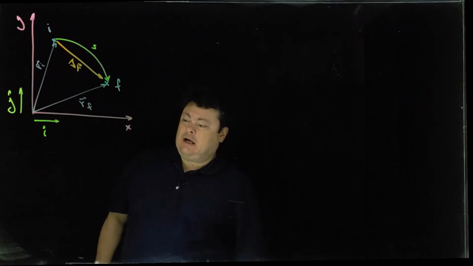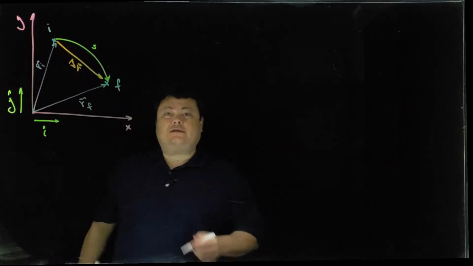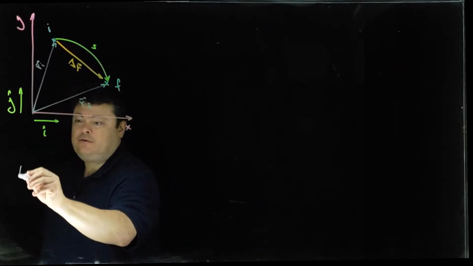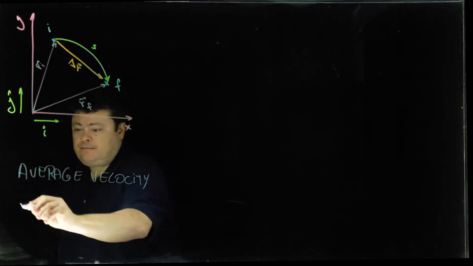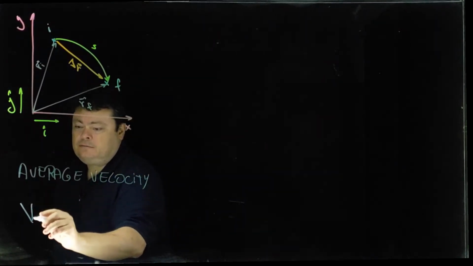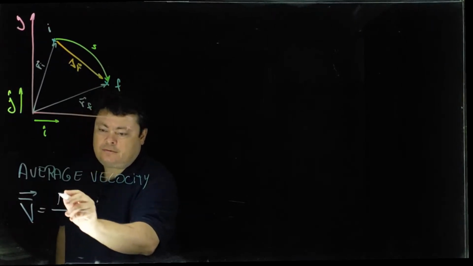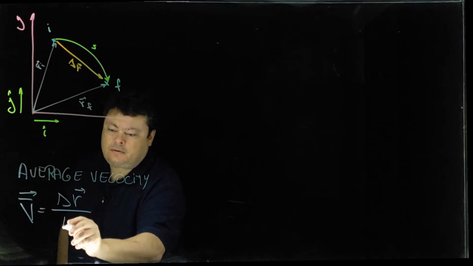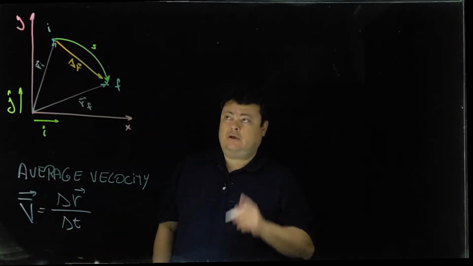So, after inviting my daughter to leave the scene, let's now just define the next step here, which is the idea of average velocity. And average velocity, V bar, is by definition change in position over change in time.